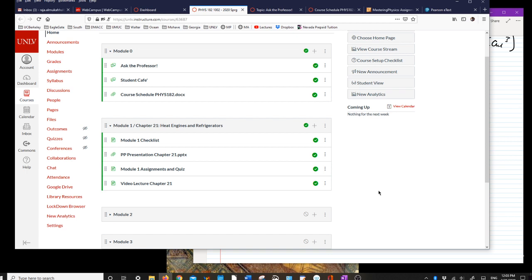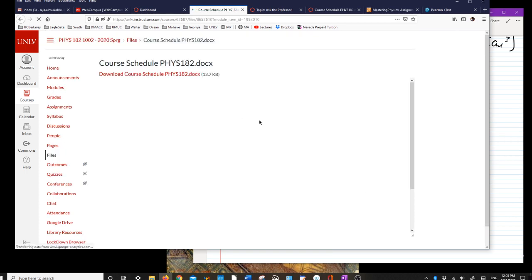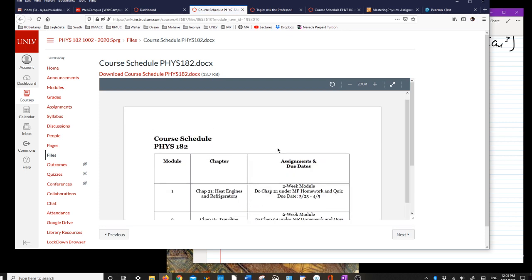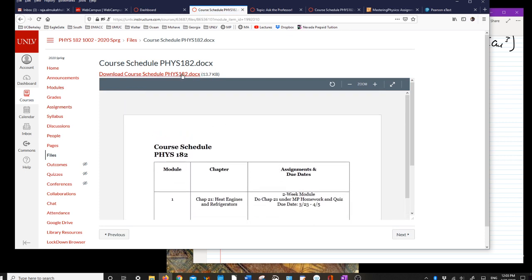And next week, I believe this chapter only runs for 1 week because it's short. That's just my opinion. And next week, we're going to move on to a very new topic. We will be done with thermodynamics. What is the next week topic? I forgot. Let me look it up. By the way, the course schedule, you can just click on that, and then you'll get it as a Word file.